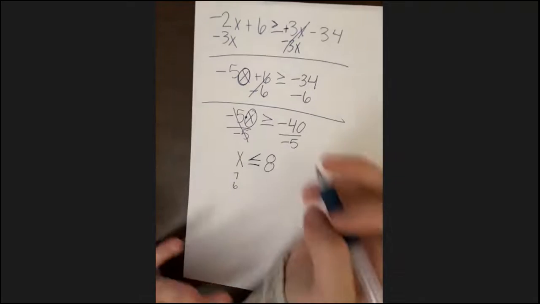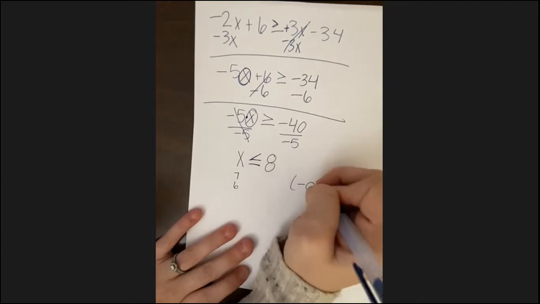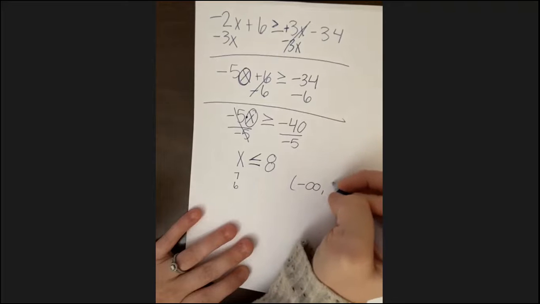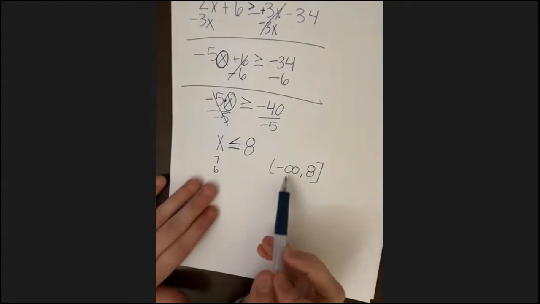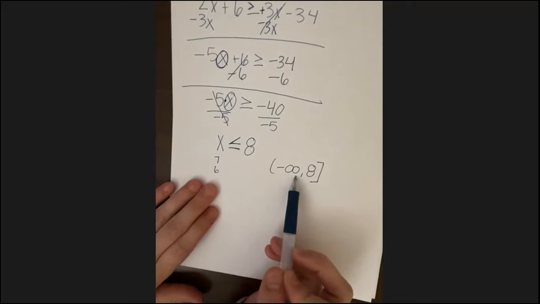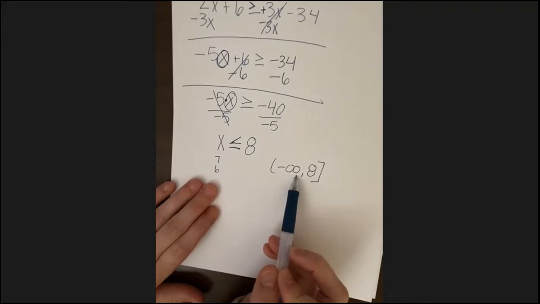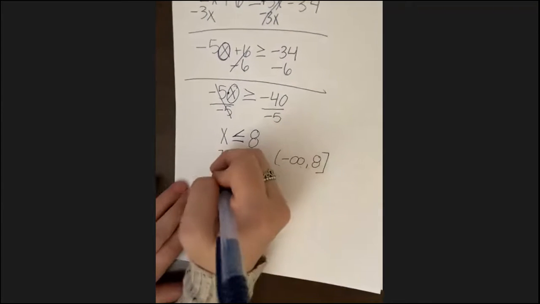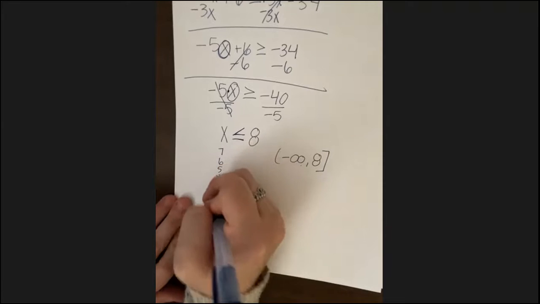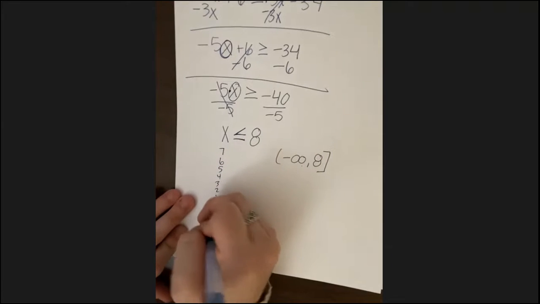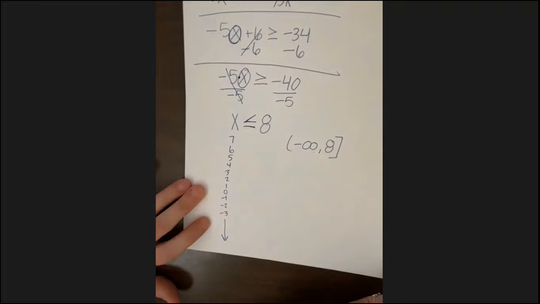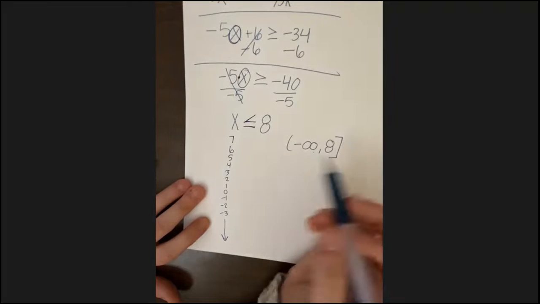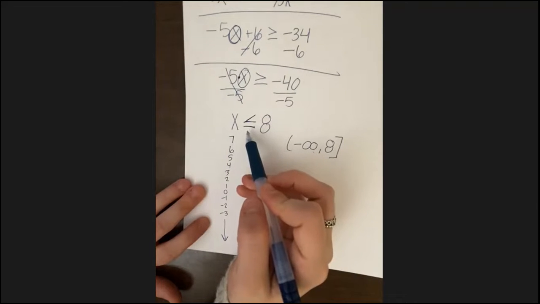So the interval notation for this, any negative number, it goes on into negative infinity. I can continue 4, 3, 2, 1, 0, negative 1, negative 2, and it could literally go on forever, right? Because all those numbers are less than or equal to 8, right?